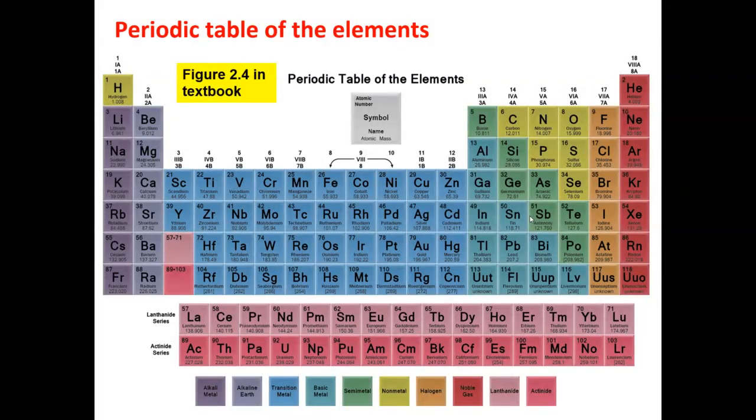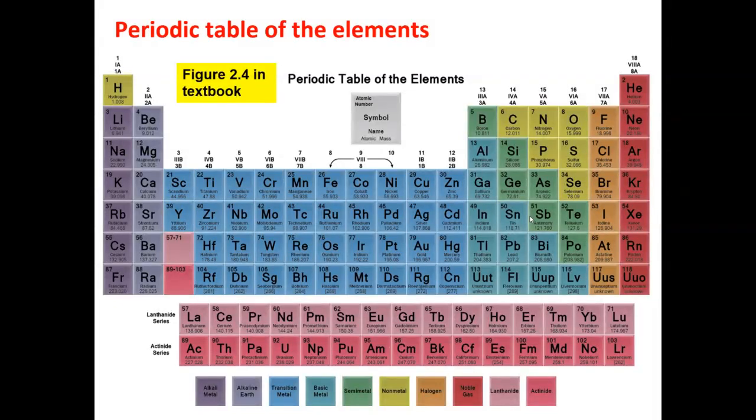And in any vertical column, these elements have the same number of electrons in the outermost shell. So this one has only 1 shell with 1 electron. This one has 2 shells, 2 in the first, 1 in the second. This one has 3 shells, 2 in the first, 8 in the second, and only 1 in the third shell.